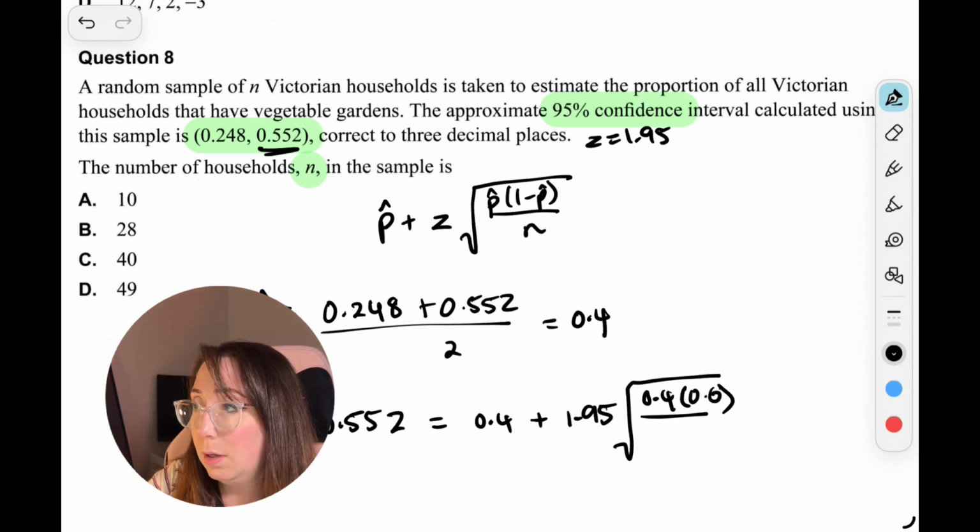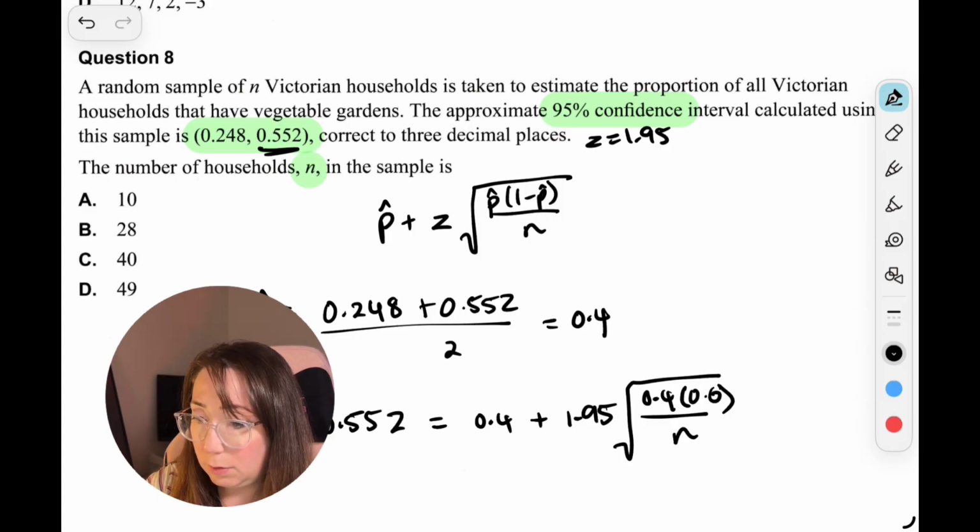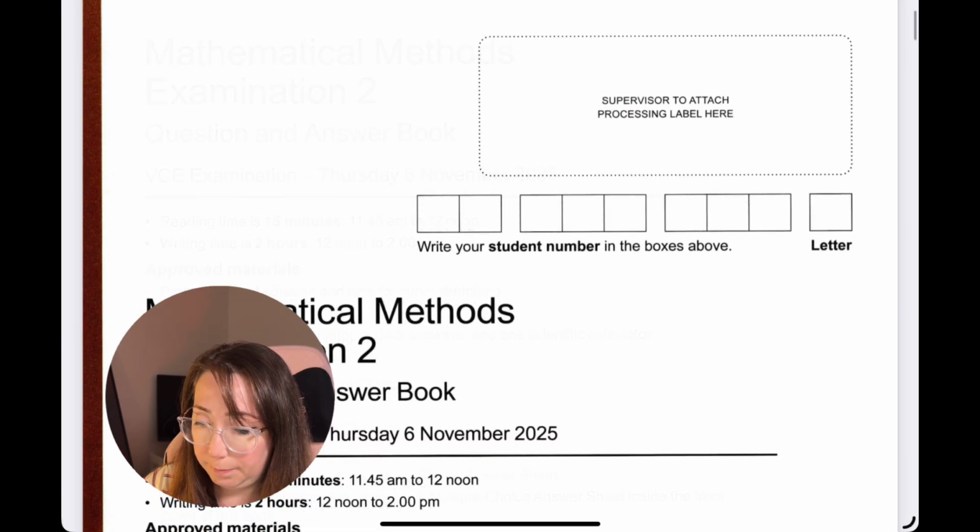And so I will just go ahead and solve this. Again, I probably wouldn't write that all on the paper. I would just write this straight into my calculator.